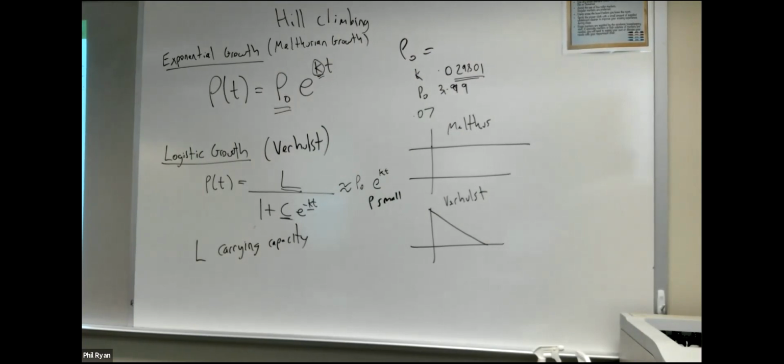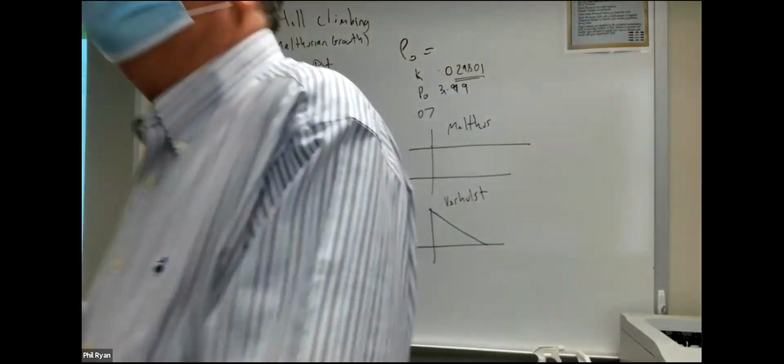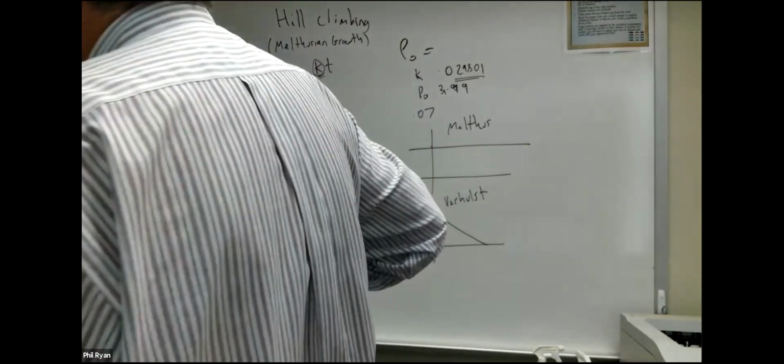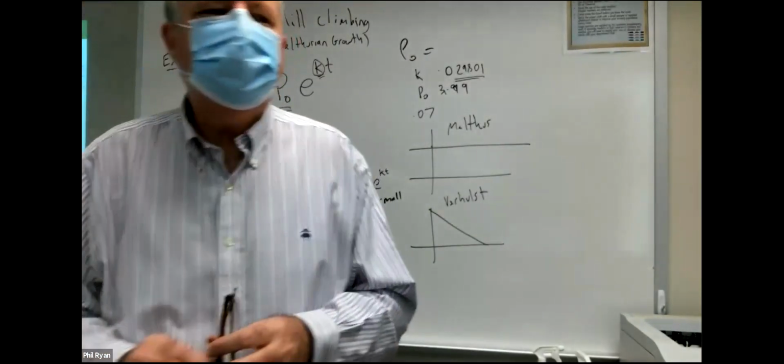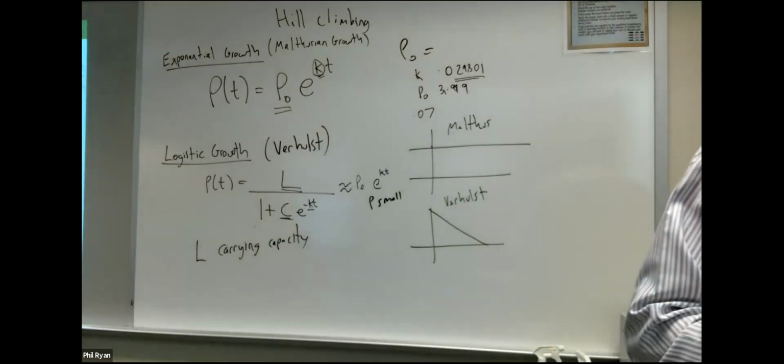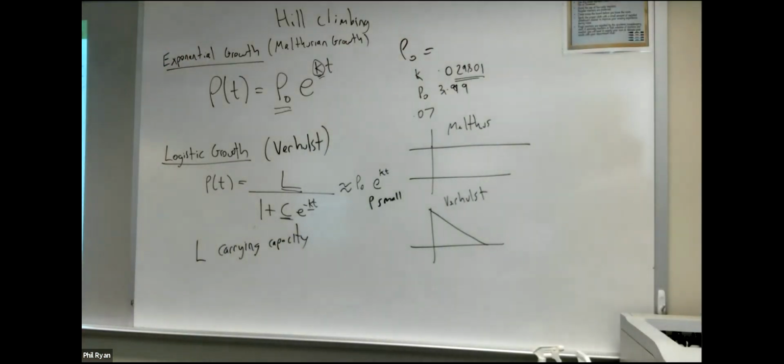Here, for C, I've already put in the relationship between C, L, and P naught. So don't touch the C thing, because that'll screw things up. So let's replace the model by the logistic model.